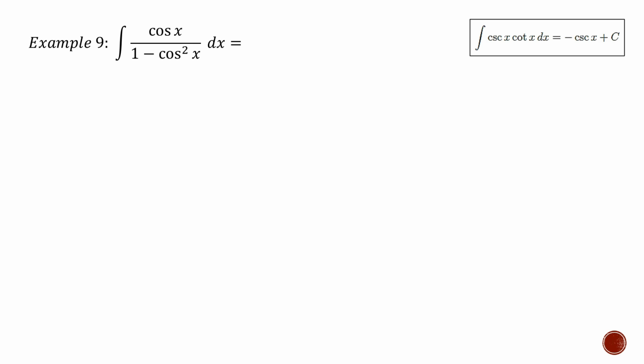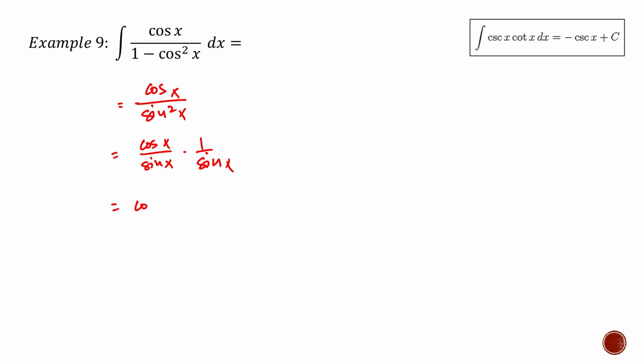Let's again simplify the trigonometric expression here. So I think we can write this as cosine x over sine square x. And then I think we can separate that sine square x. We can have cosine x over sine x times 1 over sine x, right?